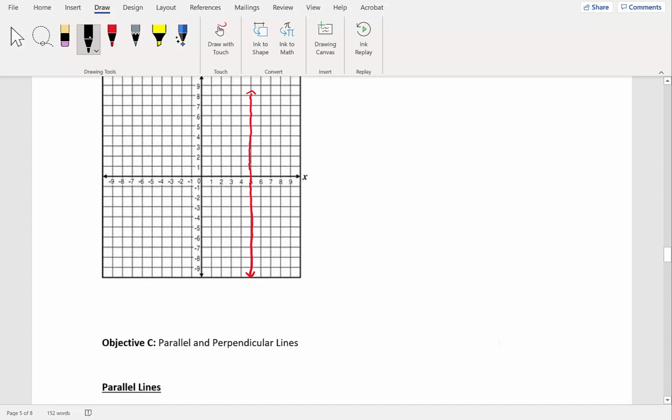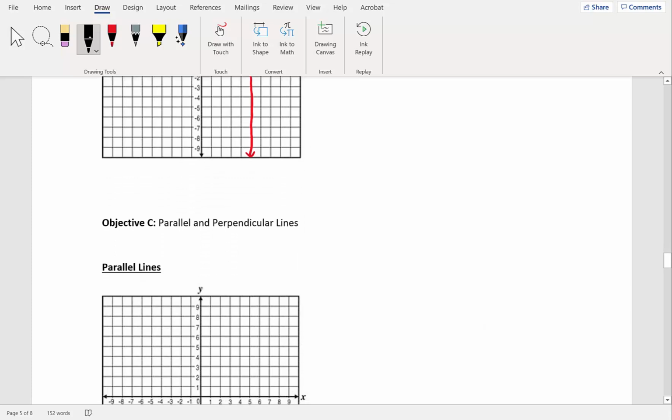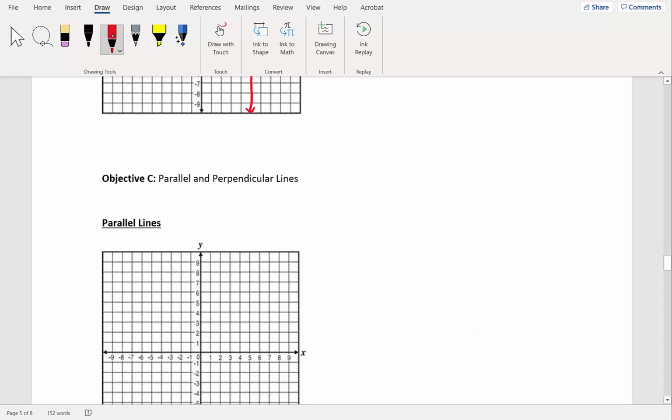Now the last objective in this section is parallel and perpendicular lines. So parallel lines are two lines that never intersect each other, kind of like railroad tracks. Now the reason why these never intersect each other is because the slopes have to be the same.